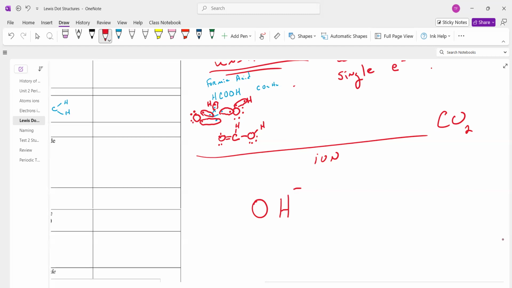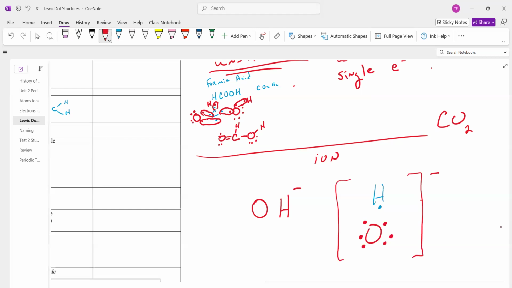So do the oxygen. Now I'm going to put square brackets around it, signifying it's an ion.